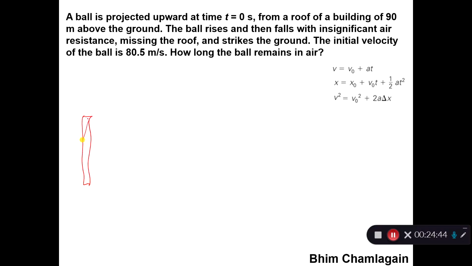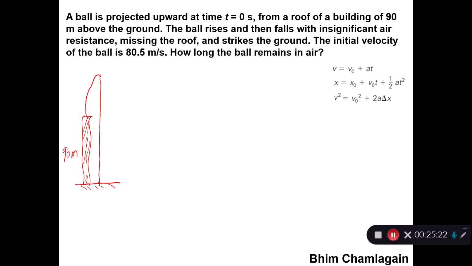Okay, so there is a building which is 90 meters tall, and the ball is projected from here upward, reaches maximum height, falls down, and reaches the ground. This is the ground. It goes from here to here.